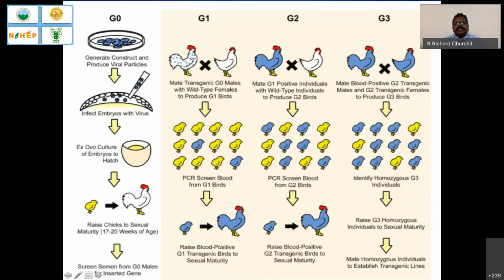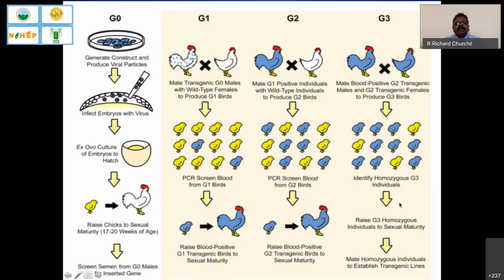So the next step, this transgenic bird, which is having only one copy, heterozygous, is crossed with a normal bird again. You will get many individuals with the transgene. And now, third step, when you cross a male and female of transgenic bird, you will get homozygous transgenic birds.